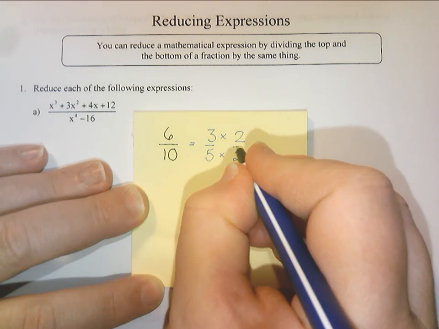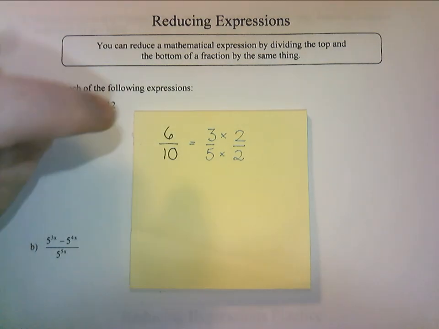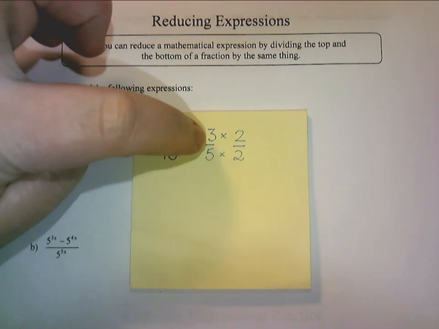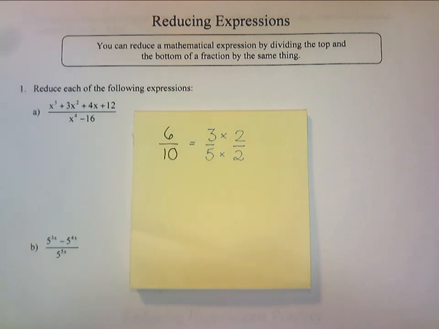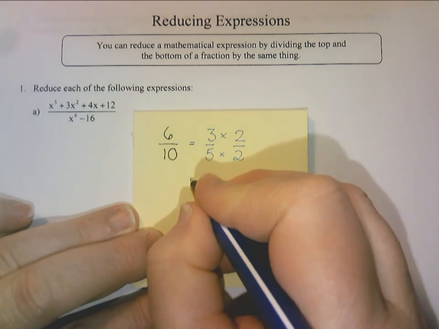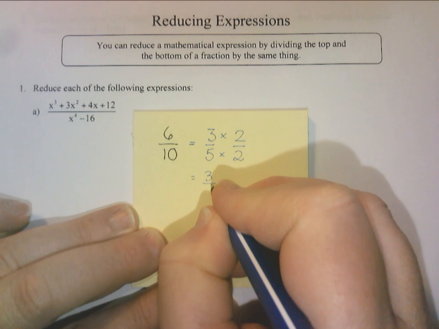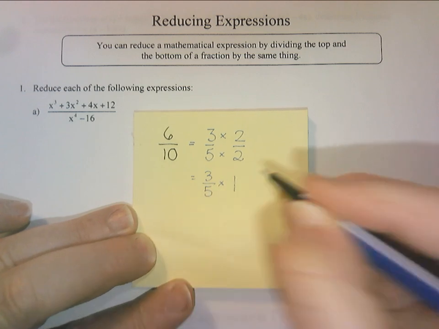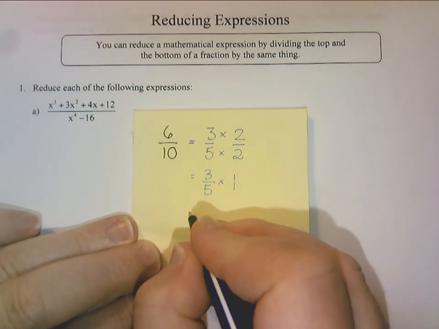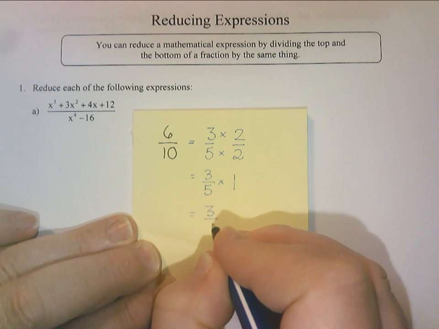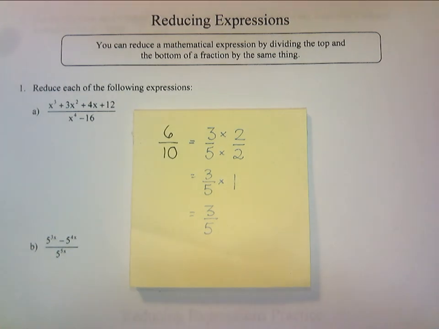This is the same as the fraction 3/5 multiplied by the fraction 2 over 2. Now 2 divided by 2 is just 1, and anything times 1 equals itself. So this would equal 3/5. I divided the top and the bottom both by 2 in order to reduce and get 3/5.